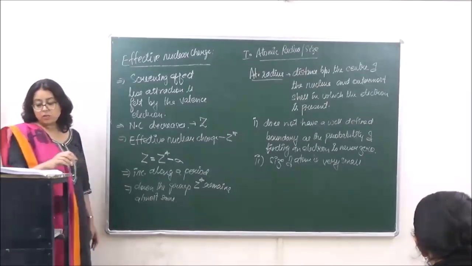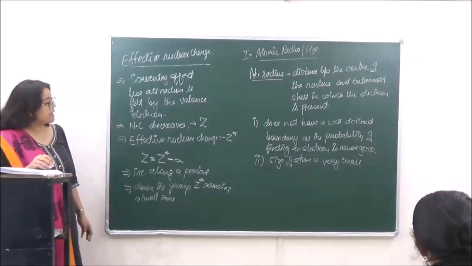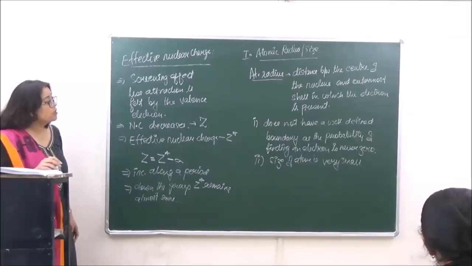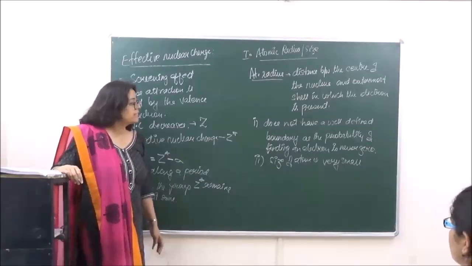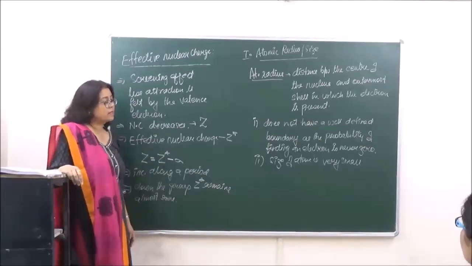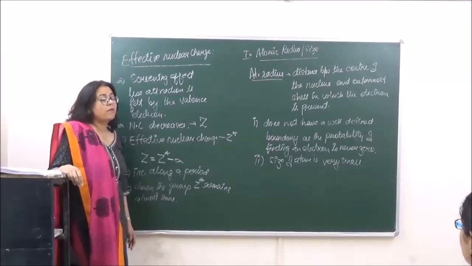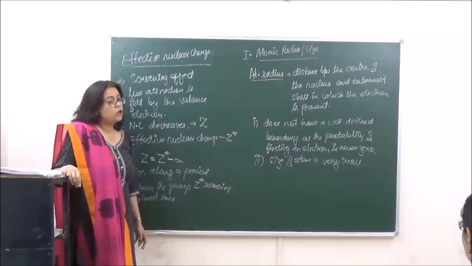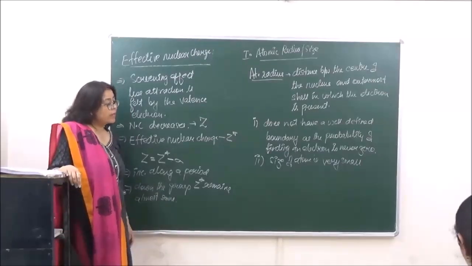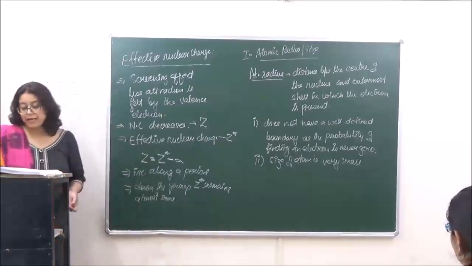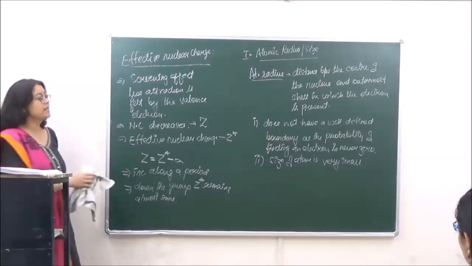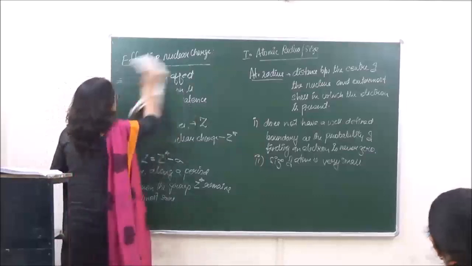Okay, so because of these two reasons, it is not possible to calculate the accurate or the exact radius of any atom. We generally calculate the atomic radius of an atom in bonded form, not in isolated form. Depending upon this, we are going to study different types of radii. The first one which we will study is the covalent radius.